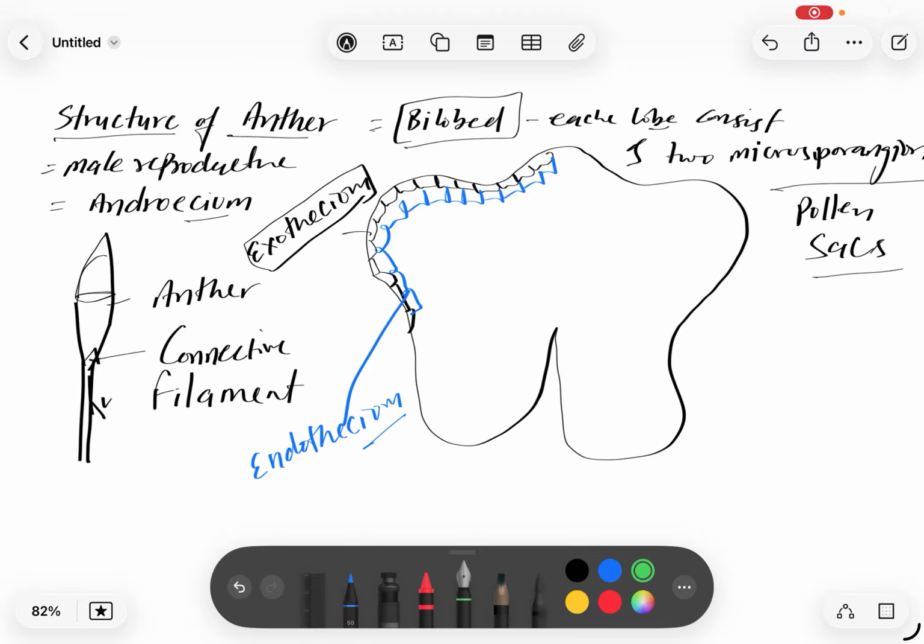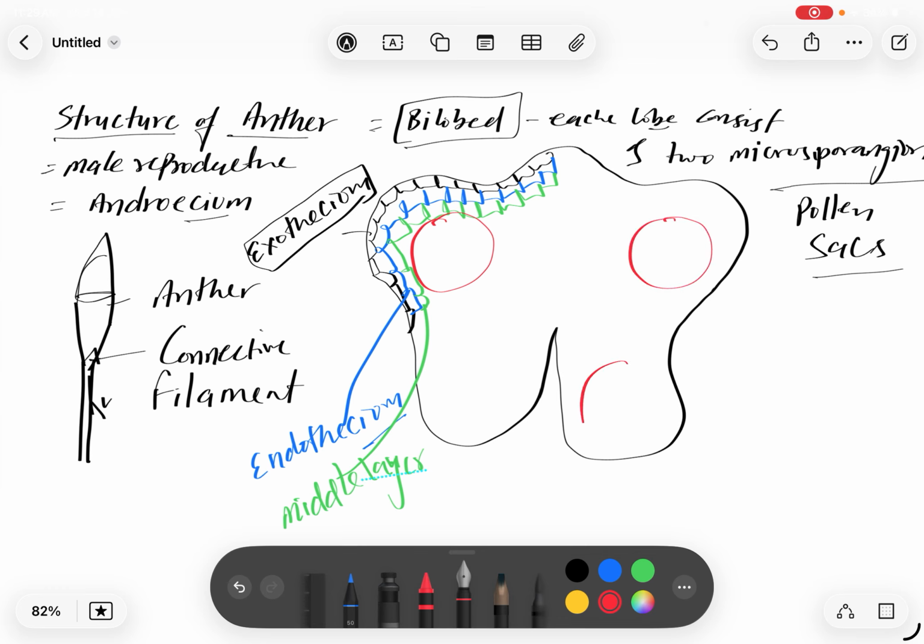And just inside this endothecium, another layer is present, which is known as the middle layer.